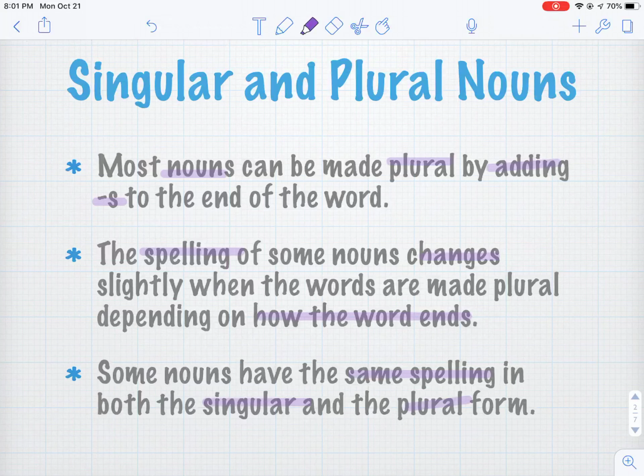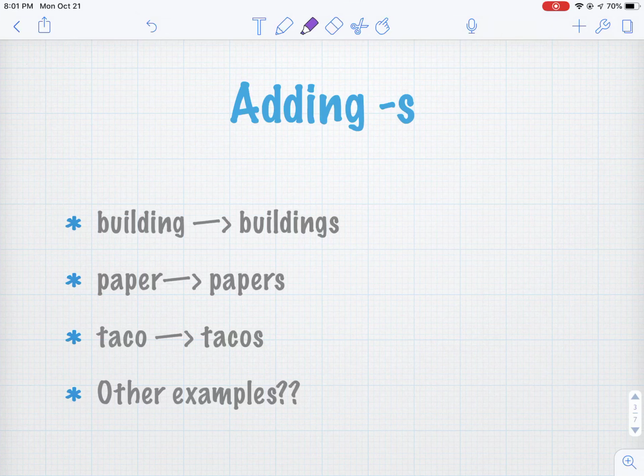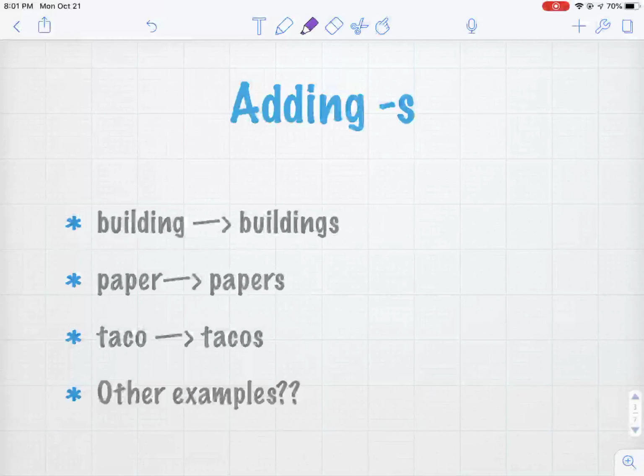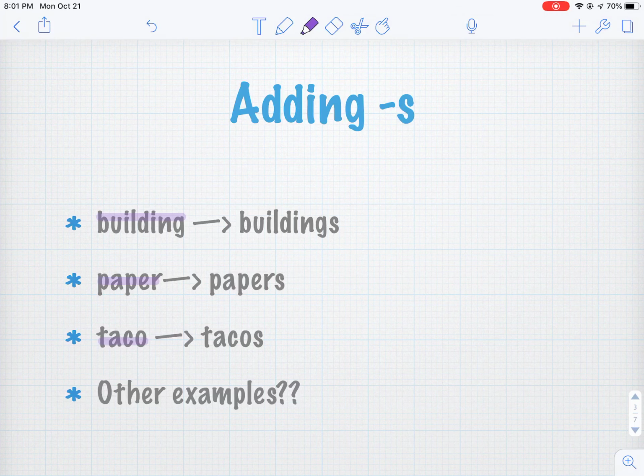So basically, a singular noun is one and you make it plural, typically just by adding an S, meaning once it's plural, it's more than one. These are some examples: building, paper, taco. To make the singular noun building plural, all we did was add the S. Same with papers and tacos.